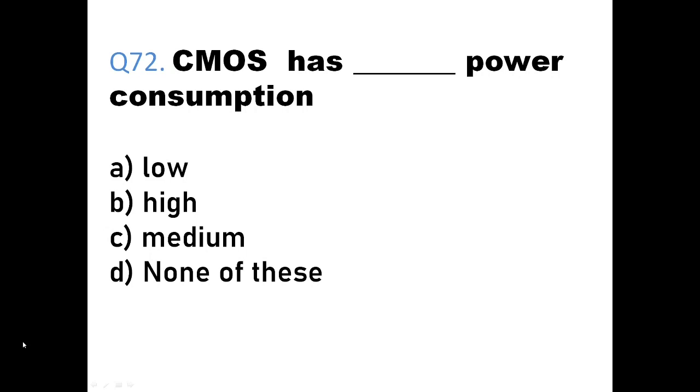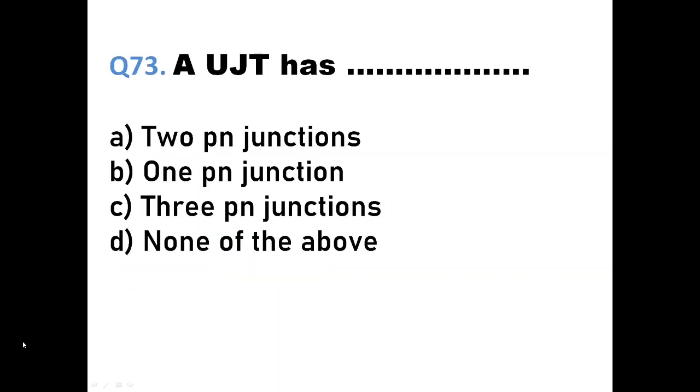Simultaneously, they are not going to conduct current. That means the magnitude of current will be very low, and hence the power consumption will be very low. So CMOS has a great advantage of low power consumption. The answer should be A. This is a very important advantage of CMOS, and that is why it is used more in your VLSI design.